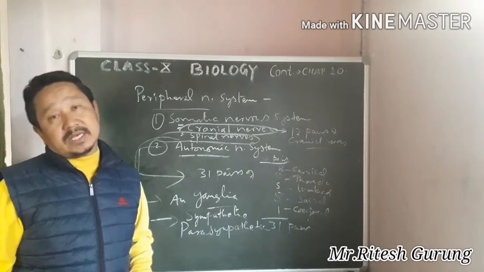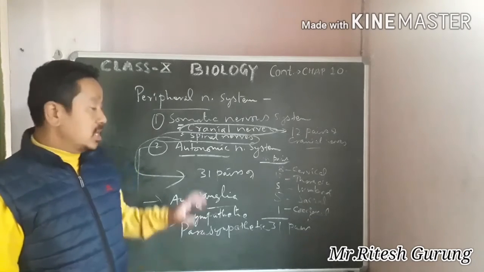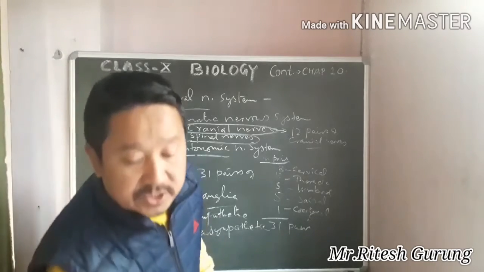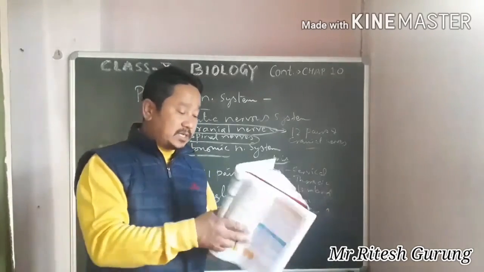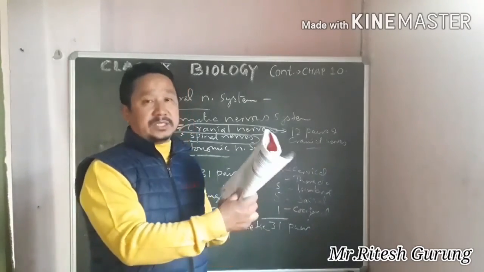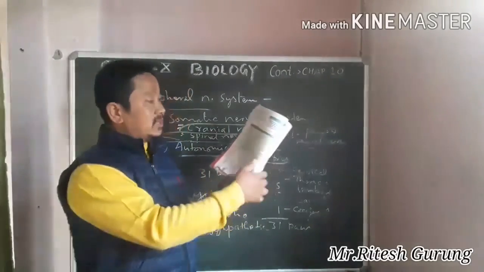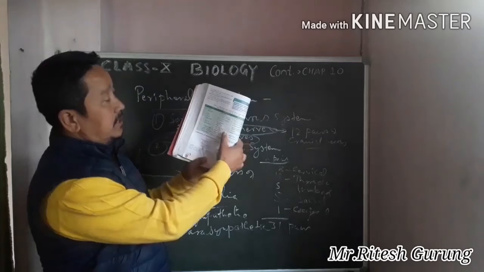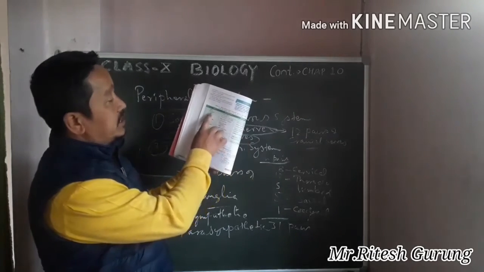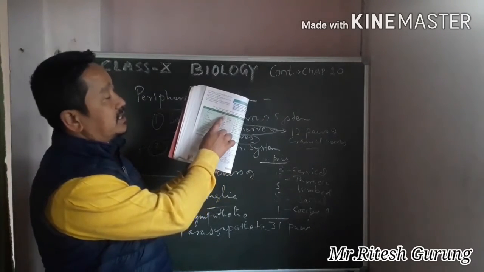Sympathetic and parasympathetic. There are a number of such sympathetic and parasympathetic activities given in a chart. You see page number 130. Here it is given. You see the chart. In sympathetic, what you see is that the heart accelerates the heartbeat.